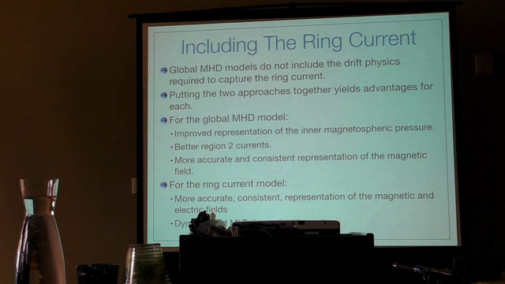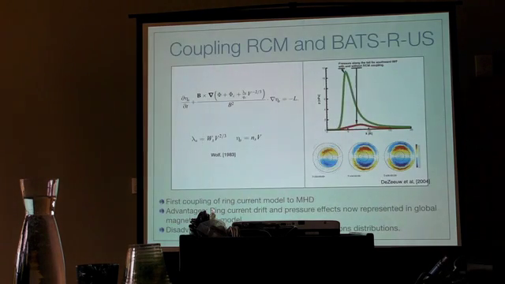From the ring current's perspective, most of them are being solved inside of externally specified fields. So here you can now get a more accurate representation of the fields, and you can also get dynamic and MLT-dependent boundaries.